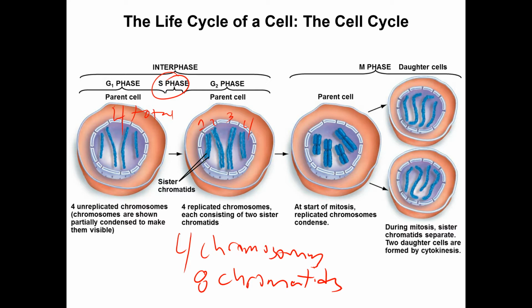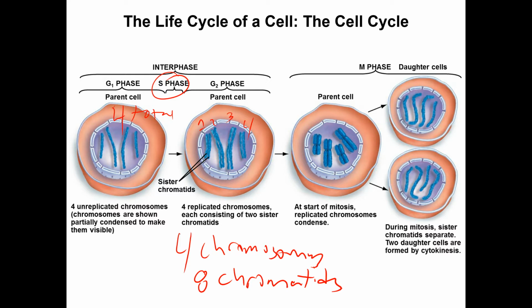Now, as the cell enters the mitotic phase, during this process of mitosis, your chromosomes condense and become highly compact. We'll do a little hand waving right now, because we'll talk about what goes on during each stage. But at the end of mitosis, you have the process of cytokinesis, where your individual daughter cells separate and form.